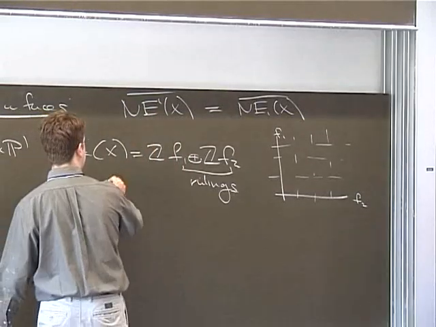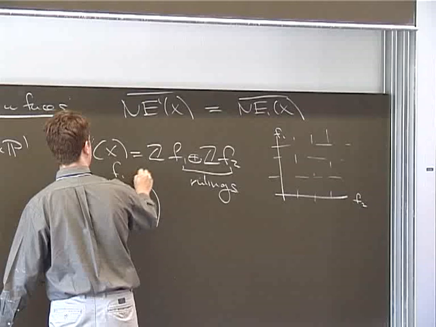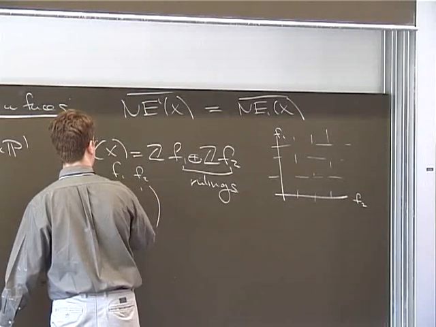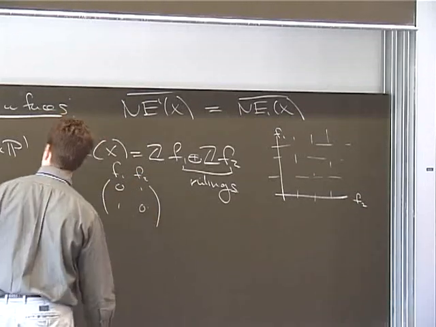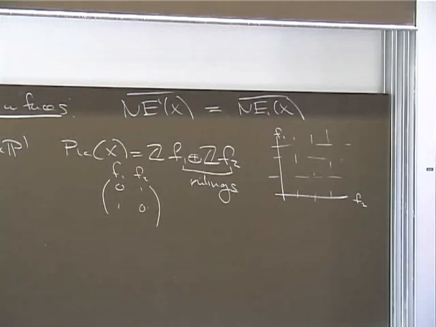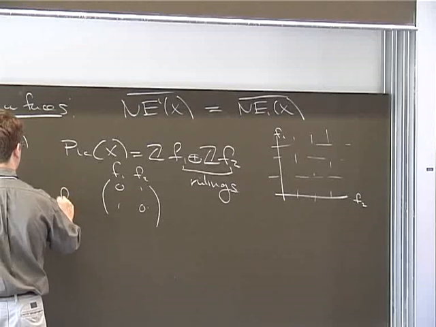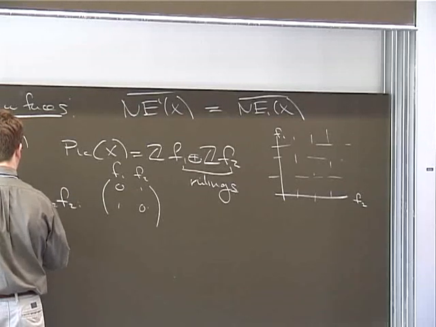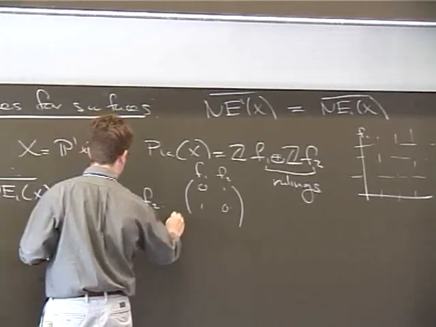We have the intersection form. And here the pseudo-effective cone, this is just equal to sums with non-negative coefficients.